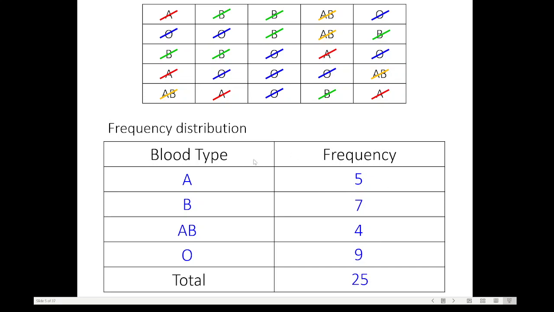For example, if you want to calculate the relative frequency for blood type A, it will be 5 divided by 25, which is 1/5. And 1/5 is actually 0.2. To come up with the percentage, you just multiply by 100%, so you get 20%.